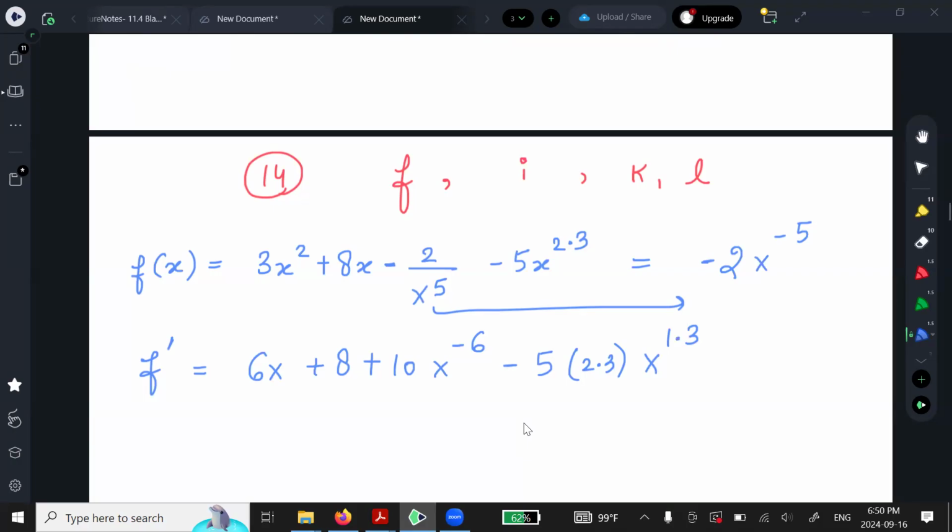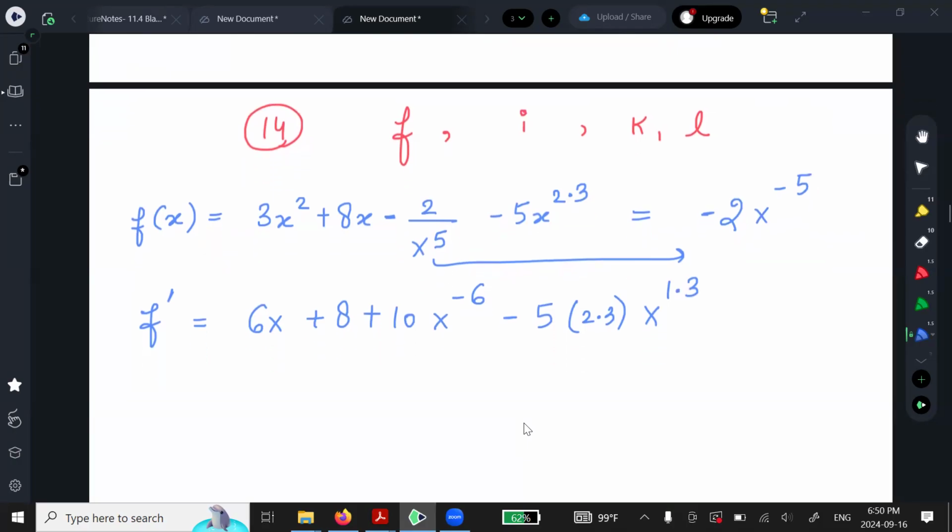Okay, now I'm gonna pick the real question, number I. 14 part I. What do I need to solve this? I need product rule, right? And see, all the powers are already in, everything is in power form, right? Except the 1 over x square, I'm going to make it x to the power negative 2.